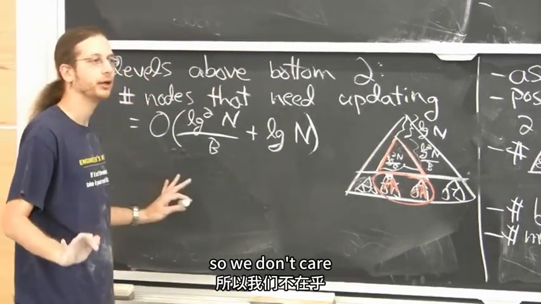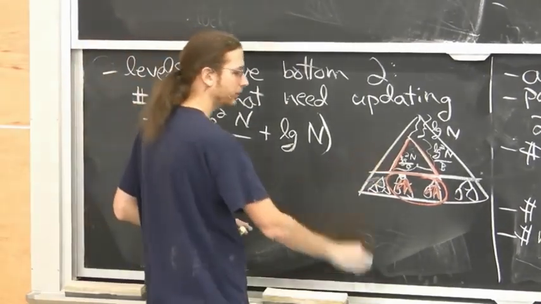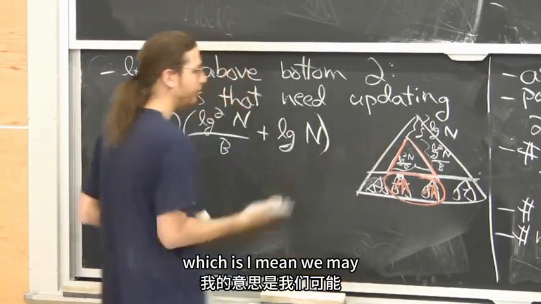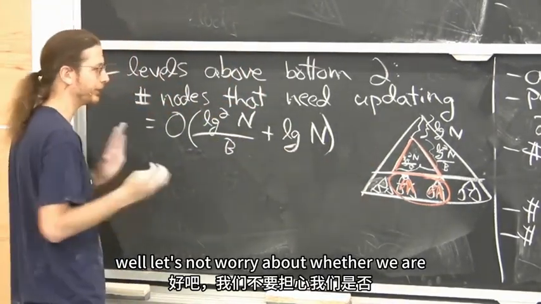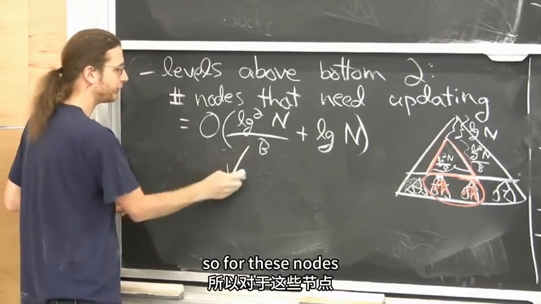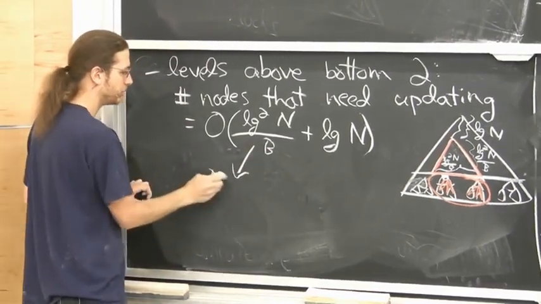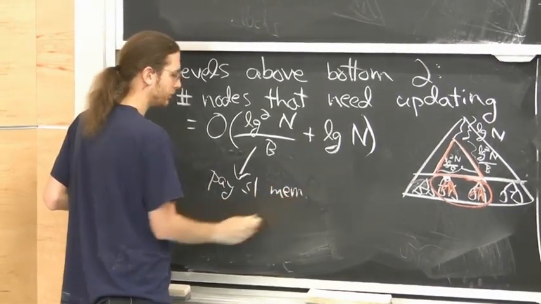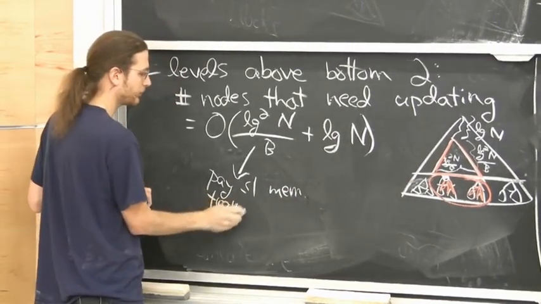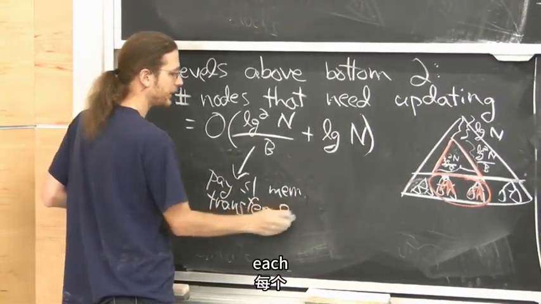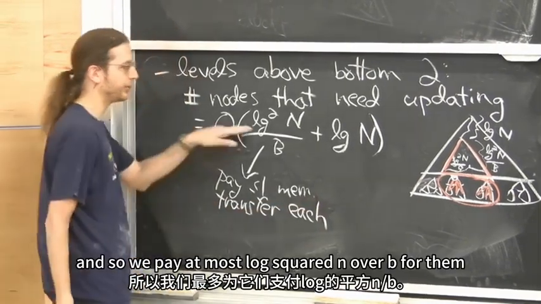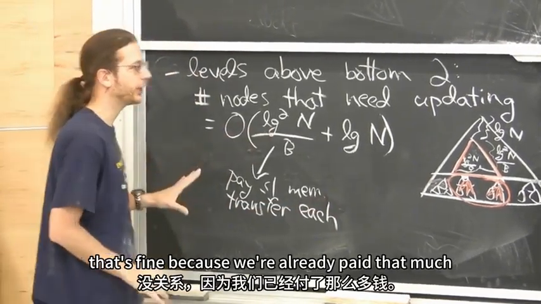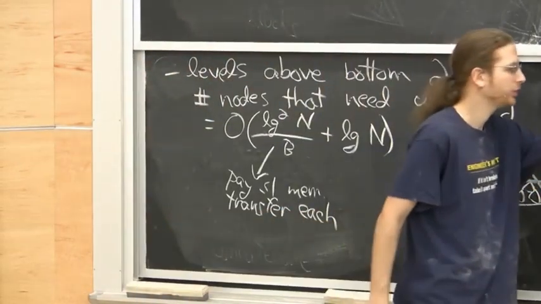So we don't care that we're efficient up here. It doesn't matter. So for these nodes, we pay at most 1 memory transfer each. And so we pay at most log squared n over b for them. That's fine, because we're already paid that much.